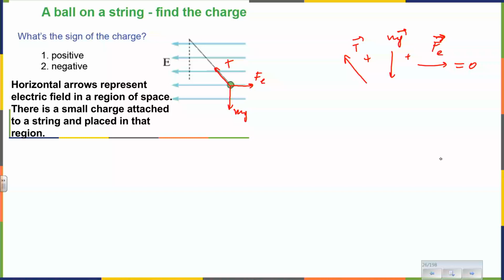So again, we have a triangle. And in this triangle, if I use only magnitudes, the hypotenuse should represent the magnitude of the tension. This vertical side should represent the magnitude of gravity, and this should represent the magnitude of electric force.